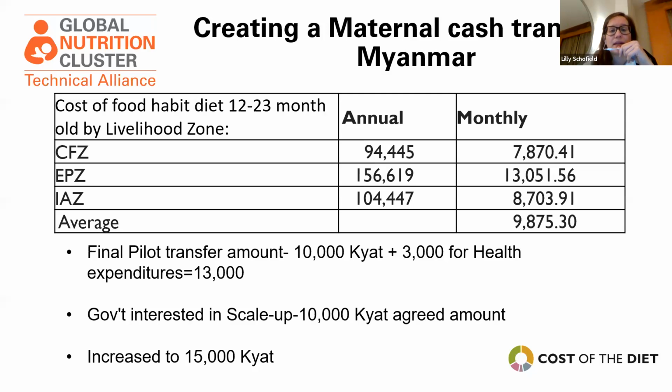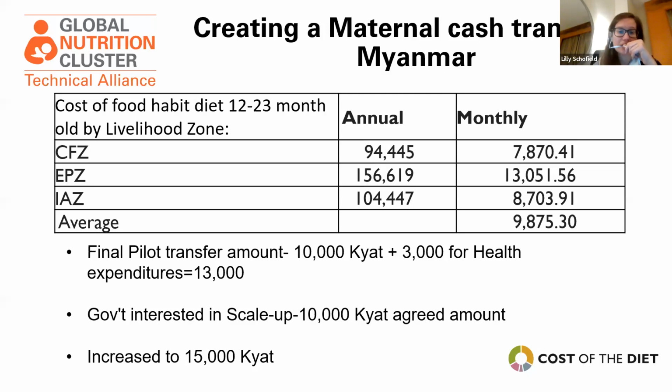Then we had information from a household economy analysis about average health expenditures, which worked out to about 3,000 kyat per month. So for our initial pilot, we combined that amount: we rounded it to 10,000 kyat and added 3,000, and did a 13,000 kyat per month transfer.